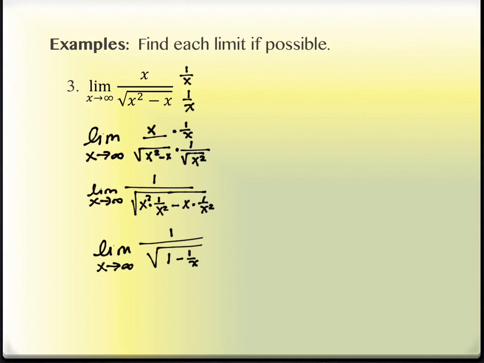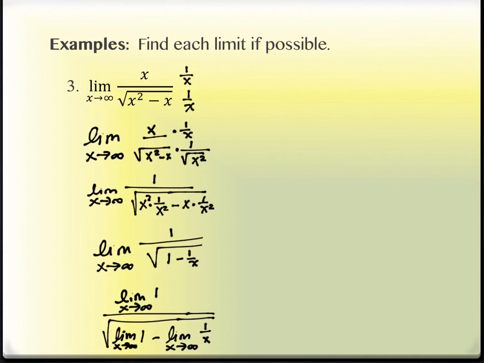It doesn't affect anything in terms of how we process the problem. We're just going to take all the pieces. So this is the limit of 1 as x goes to infinity over the square root of the limit as x goes to infinity of 1 minus the limit as x goes to infinity of 1 over x.